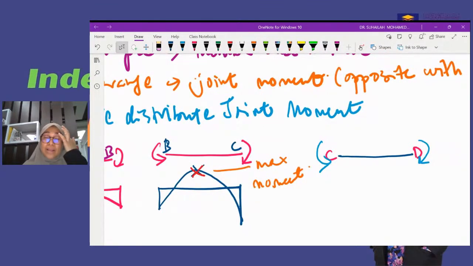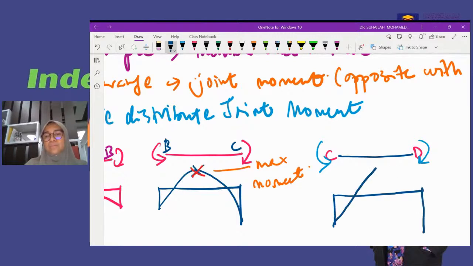So the bending moment diagram will be like this. This is a straight line because it is a point load. This is also the maximum moment for member CD, and we will get this from the shear force diagram.